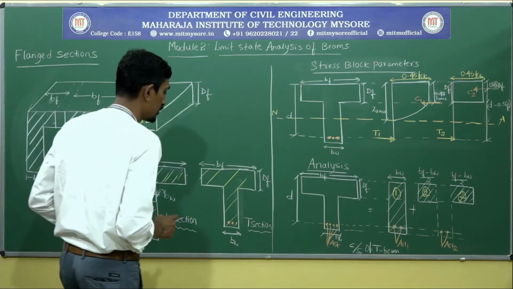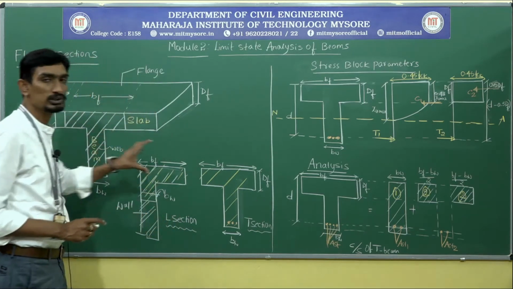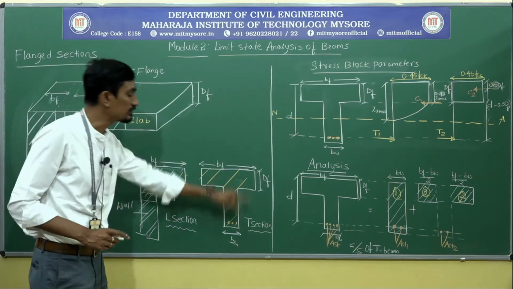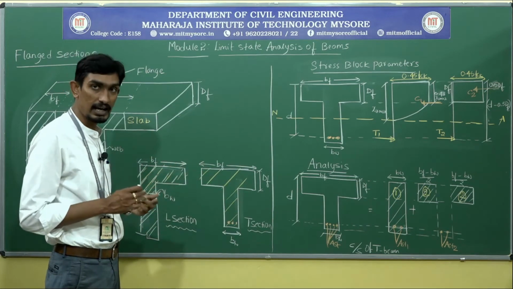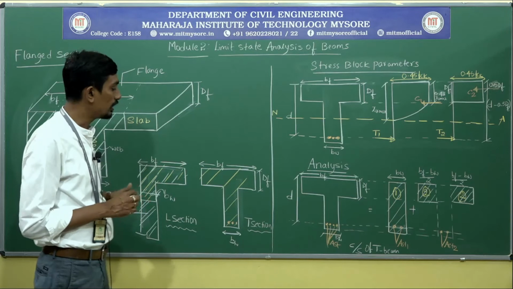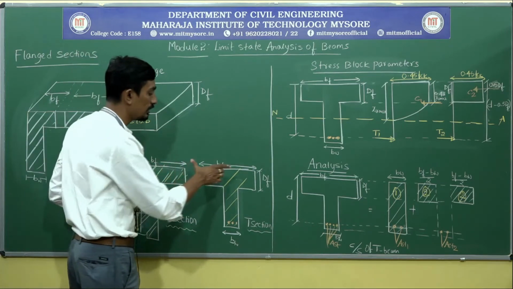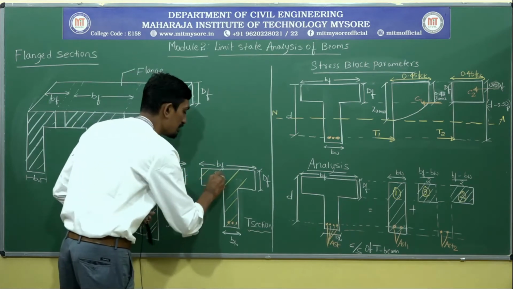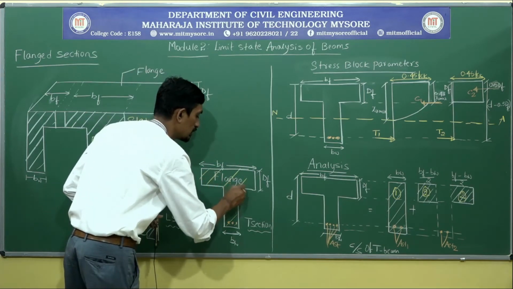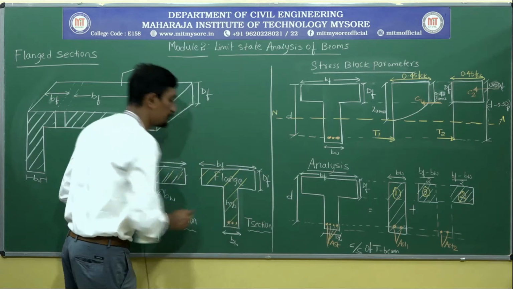And next, I have taken the middle portion of a flanged section, that is a T section. That means the flange has projections on either side. This will be your width of the flange because this is the flanged portion, and this will be your web portion.